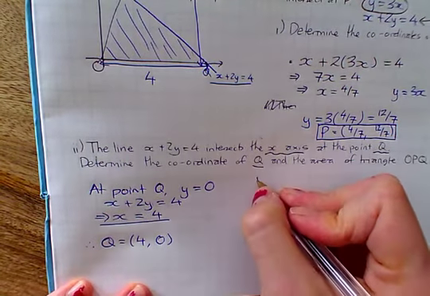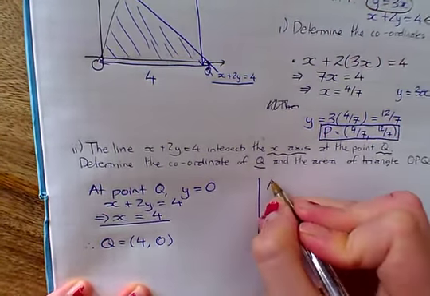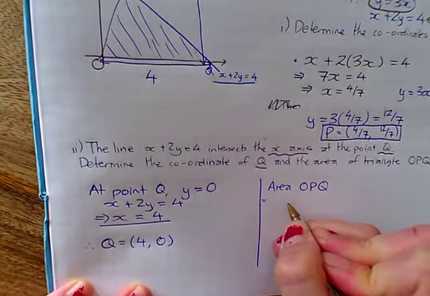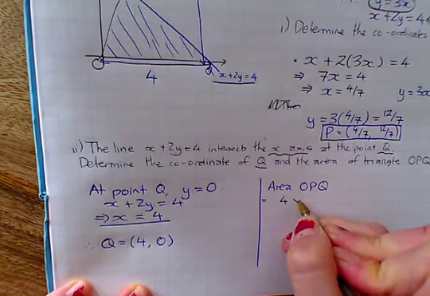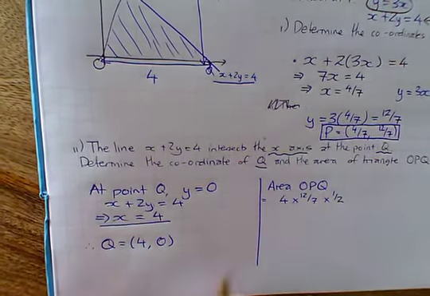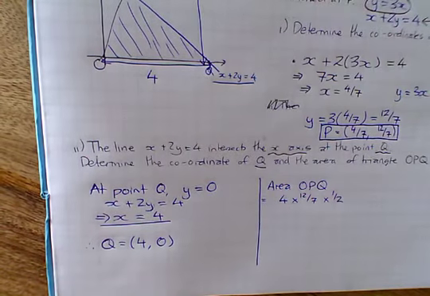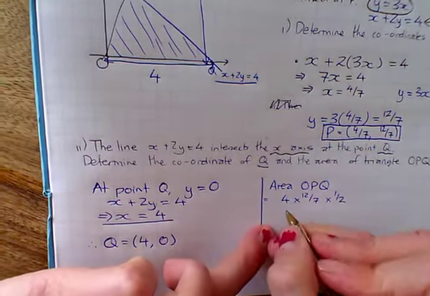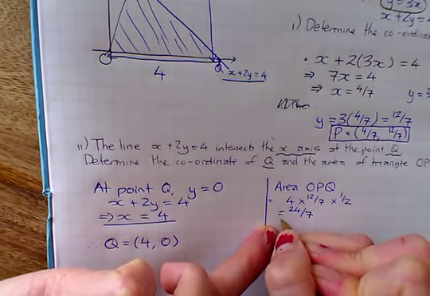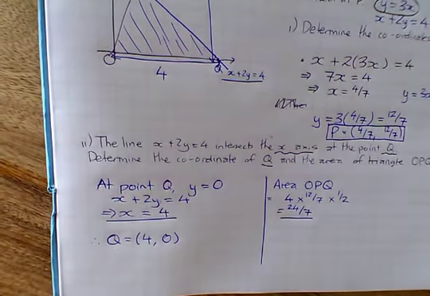And so therefore the area of OPQ is equal to 4 times 12 over 7 times by a half because it's a triangle, and that would give me a final answer of 24 over 7, and I can leave it like so.